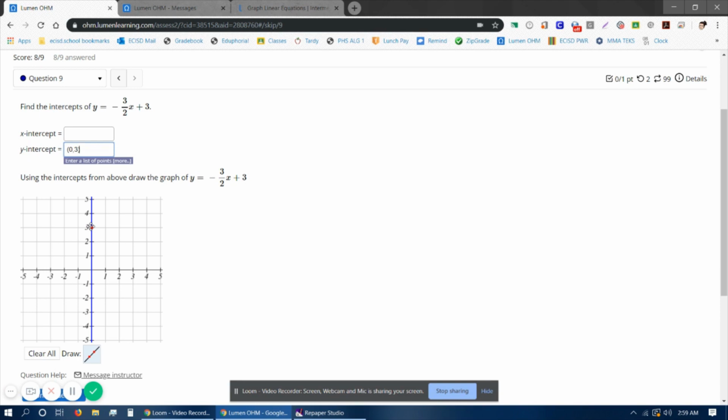And since it's negative, I'm going to go down 1, 2, 3. My run is 2, so I can go right 1, 2. And again, notice how it's a negative slope line. It's going down and to the right. I can place my point there, which is also my x-intercept. So my x-intercept is at 2, 0.